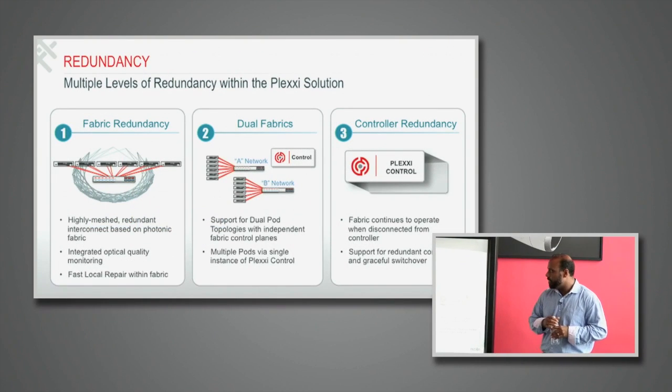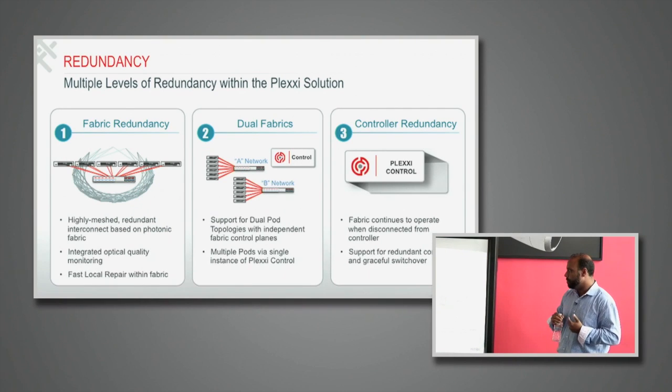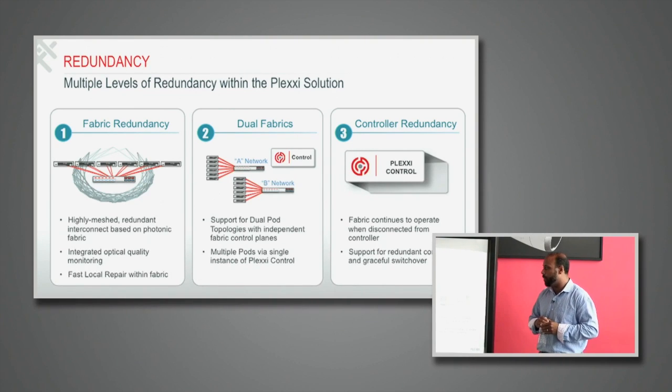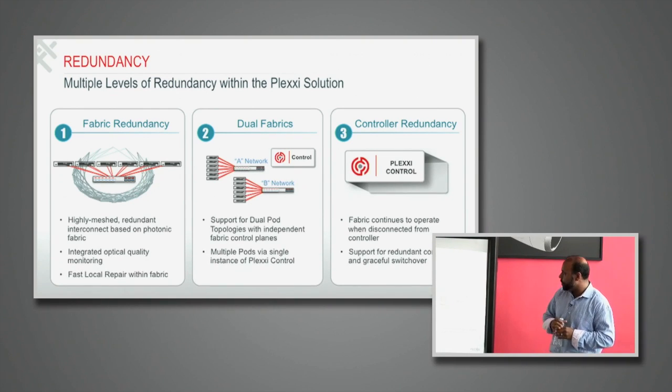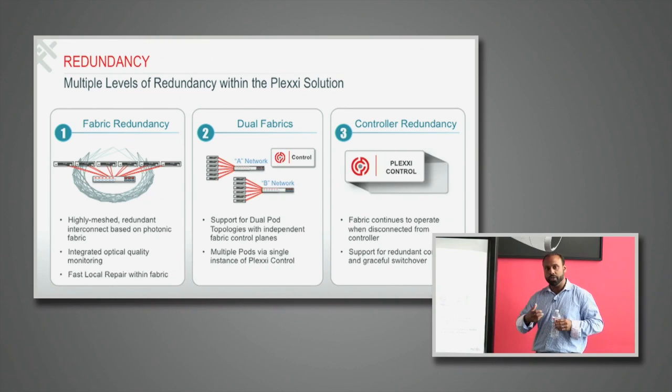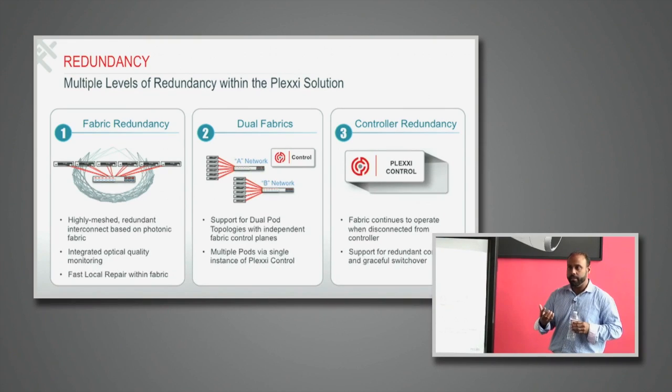So redundancy, certainly you can have fabric redundancy, meaning just like you would build dual rings before, you could build dual PSIs exactly the same way. This is showing the dual fabrics. And the controller redundancy, which we've covered in the past, our controller doesn't have to be in the data path, so if it disappears, everything keeps forwarding.